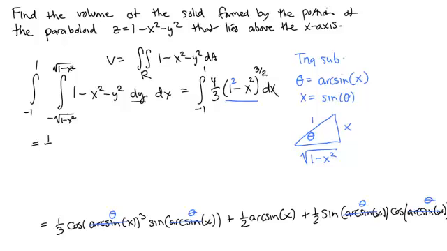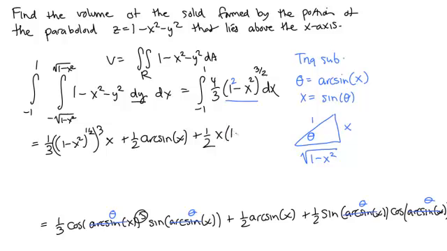We're going to have 1/3. The cosine of this angle would be the adjacent side, which is 1 minus x squared to the 1/2 power, over 1, quantity cubed, times the sine of the angle. Well, the sine of the arcsine of x is x, plus 1/2 times the arcsine of x, plus 1/2 times the sine of the arcsine of x, which is x, and then the cosine of the arcsine of x we've just worked out as being 1 minus x squared to the 1/2 power.